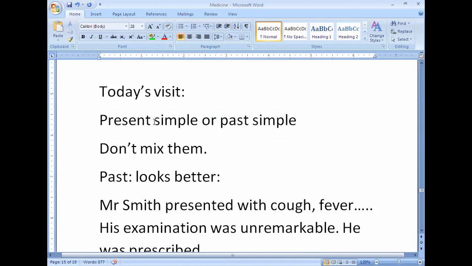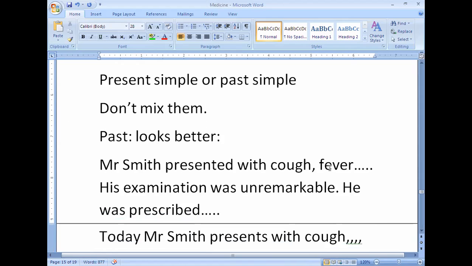Then they say, and he has low blood pressure. So you started with the past, then continued with the present. So where possible, for today's visit, we should stick to one tense, present simple or past simple. Mostly past tense looks better, okay?